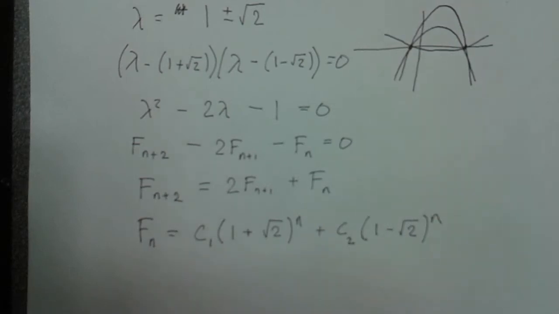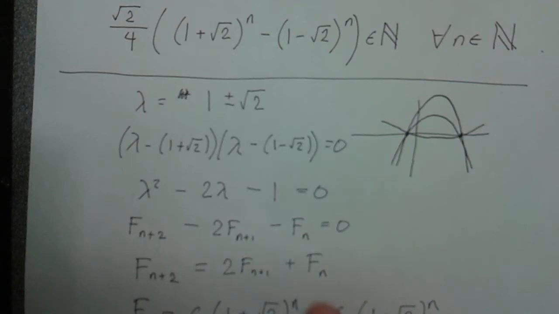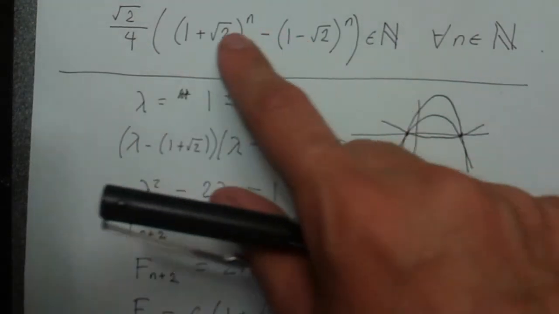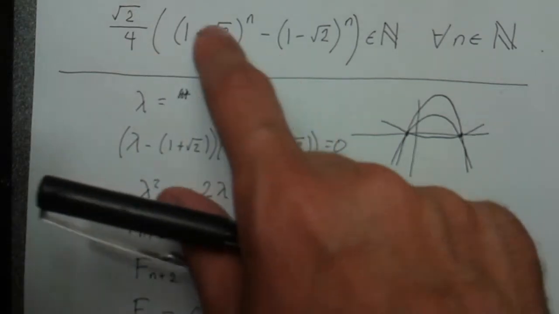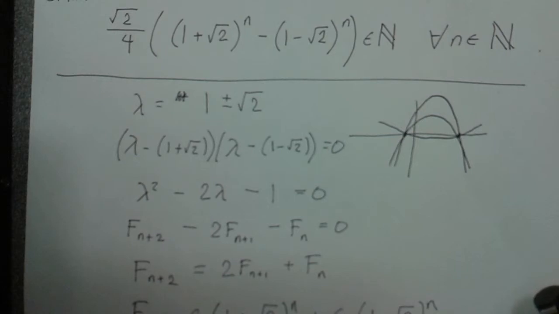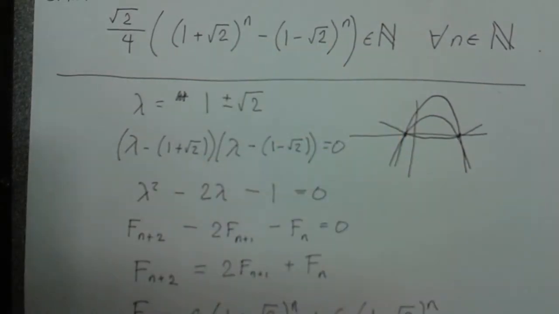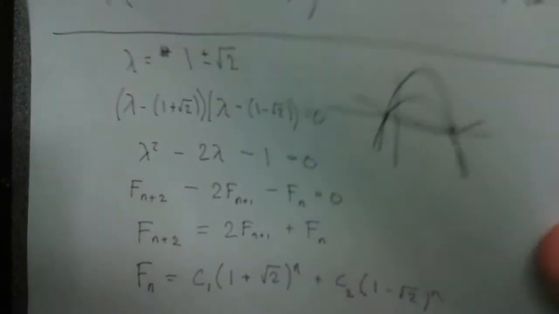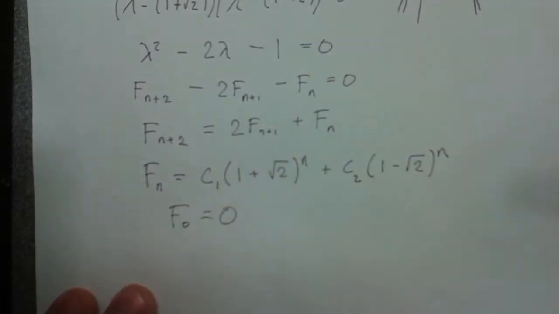And so clearly this is the same form as this. The first coefficient, c1, is just root 2 over 4, c2 is negative root 2 over 4. So then all you have to do is find out what the initial values are. You plug in 0 here, you have 1 minus 1, that's 0, that cancels out. So f0 is 0.